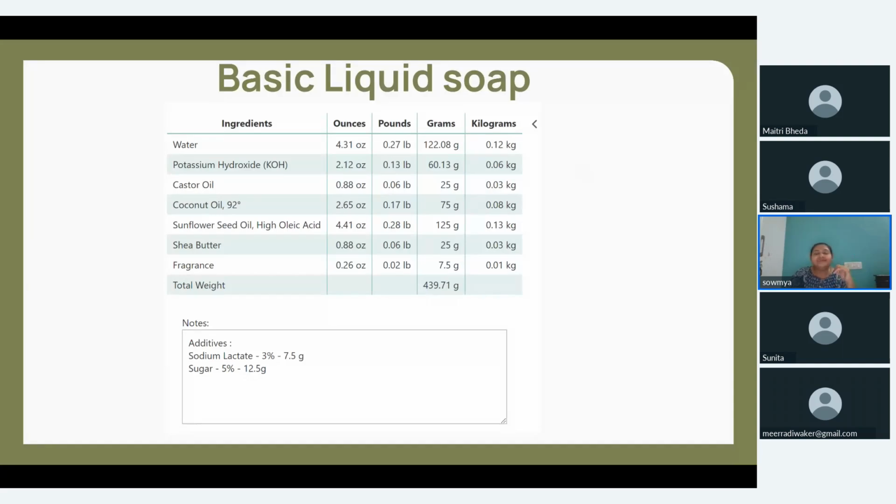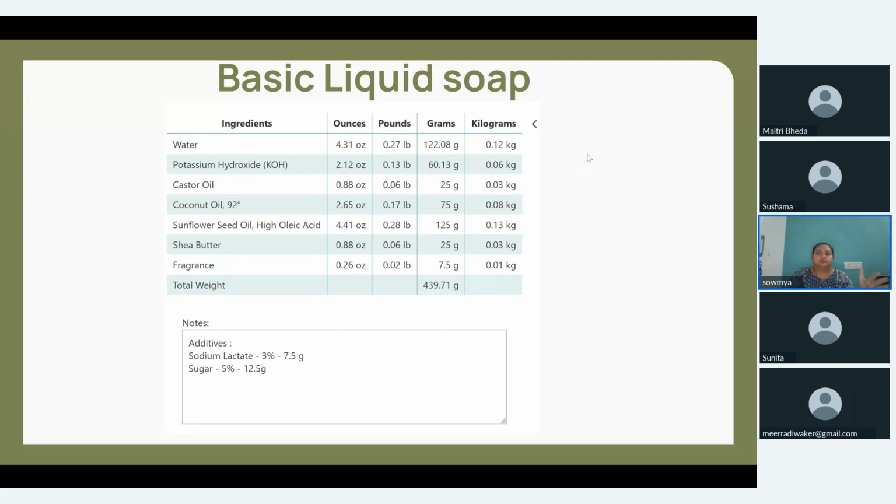Once I am thorough with that, then I'll teach you guys. When you make it using milk or other products that have extra fat in them, you need to account for that fat in your liquid soap calculation, because as I told you, this fat will really affect the clarity of your soap.